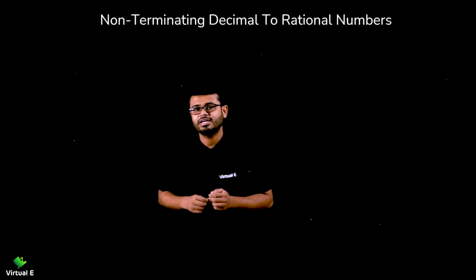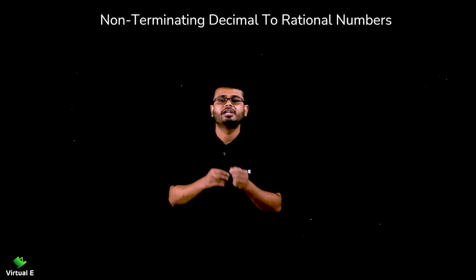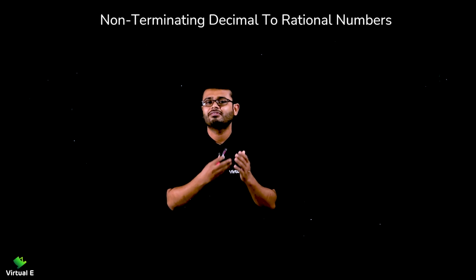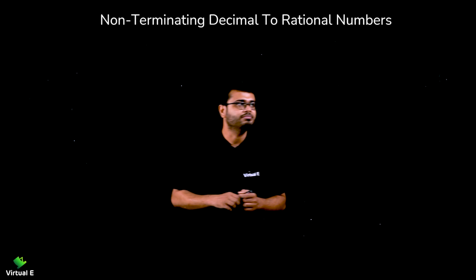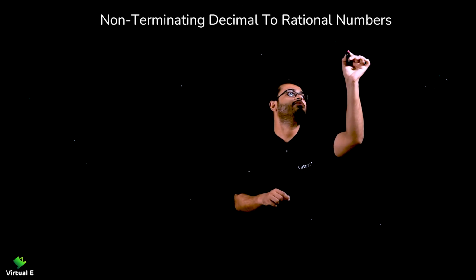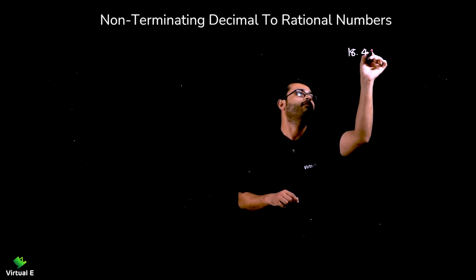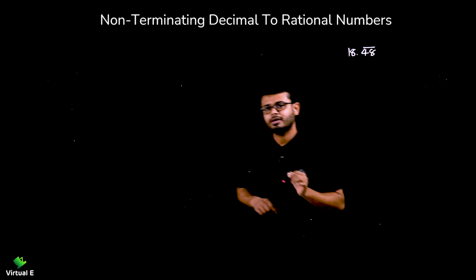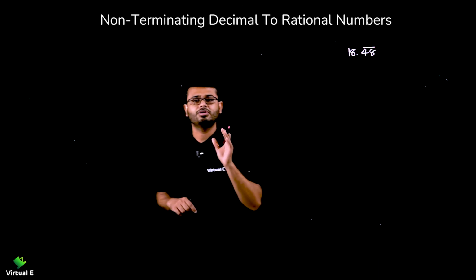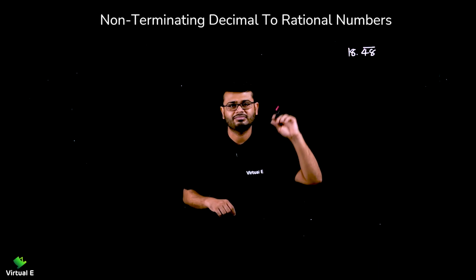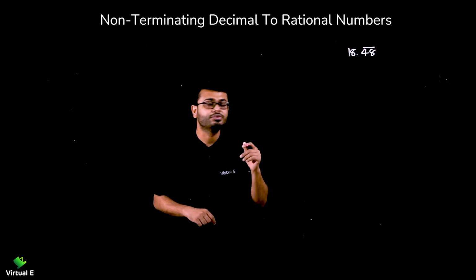Let's discuss one more case for converting non-terminating repeating decimals to fractions, that is p by q form. Let's take the example 18.48 bar. So far the questions we discussed were all about 0 point something. Now we have a number over here, so what to do in that case?